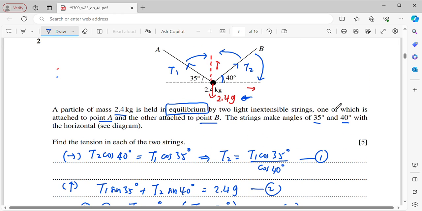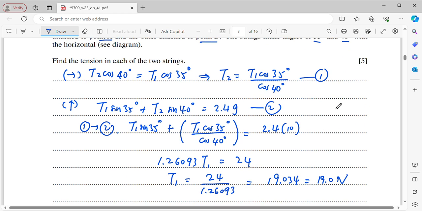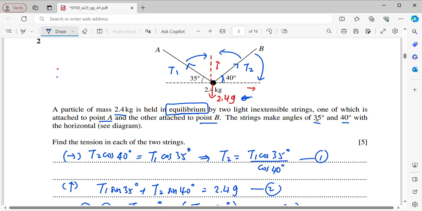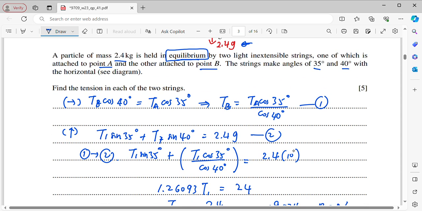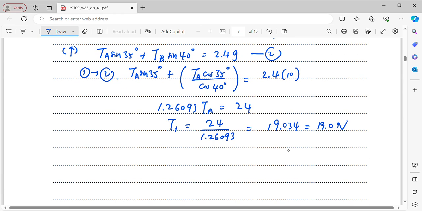Or probably you can write T2 as TB. So this is TB, this is TA. So T2 is TB, this is TA. So we have solved for TA.